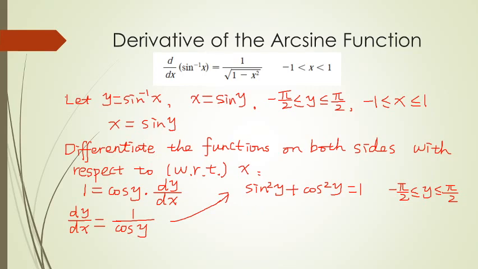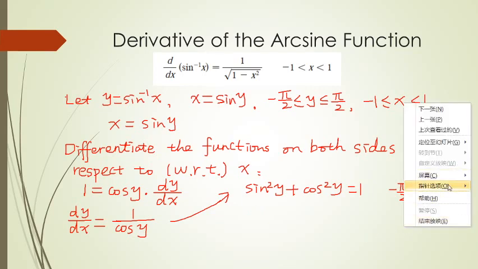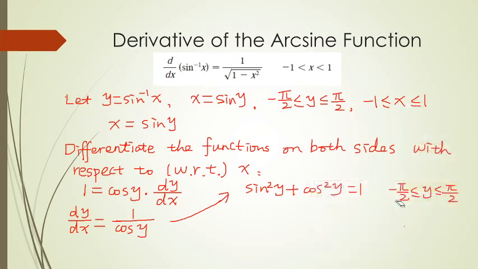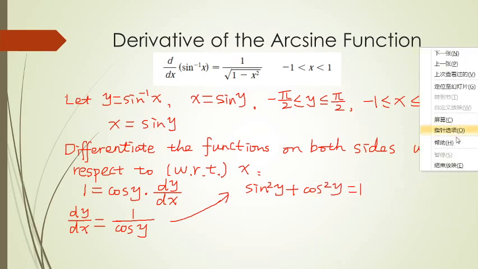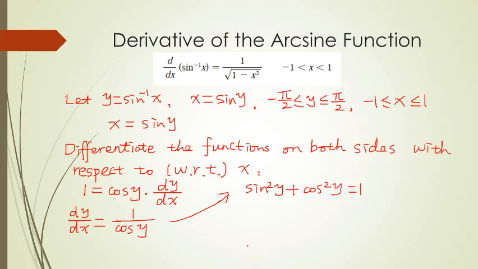So let me move here a little bit, and I will show you the graph. Since y is between minus pi half and pi half, how about cosine y?